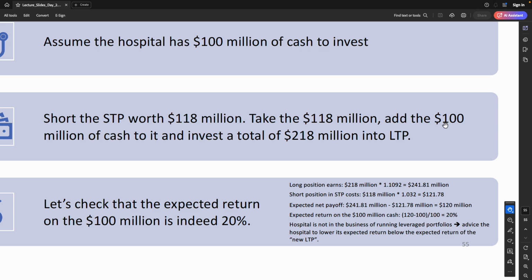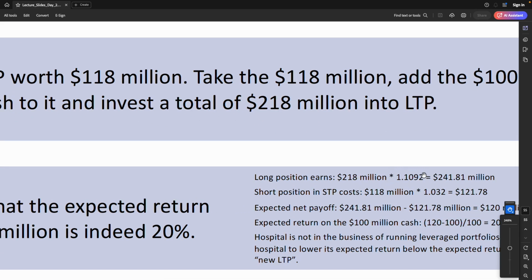If the optimal solution is 2.18 LTP, it means another 118 million needs to be taken as debt. Therefore, we take the sum of both, 218, and we are investing it into the LTP, which gives us 10.92%. So we would make 241 million in expectation.